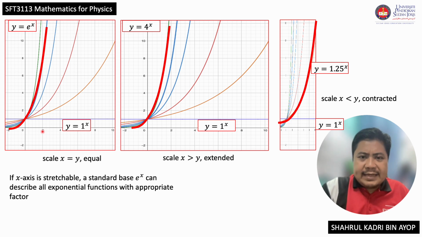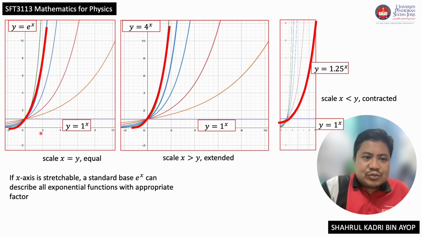Why is the standard exponential function e to the power x so special? In this graph, y and x have the same scale, and this is the graph of y equal to e to the power x.